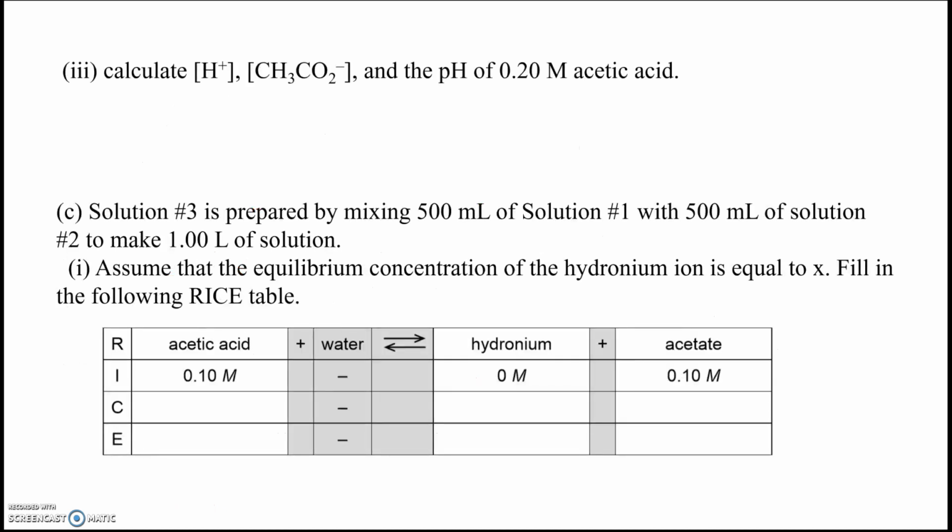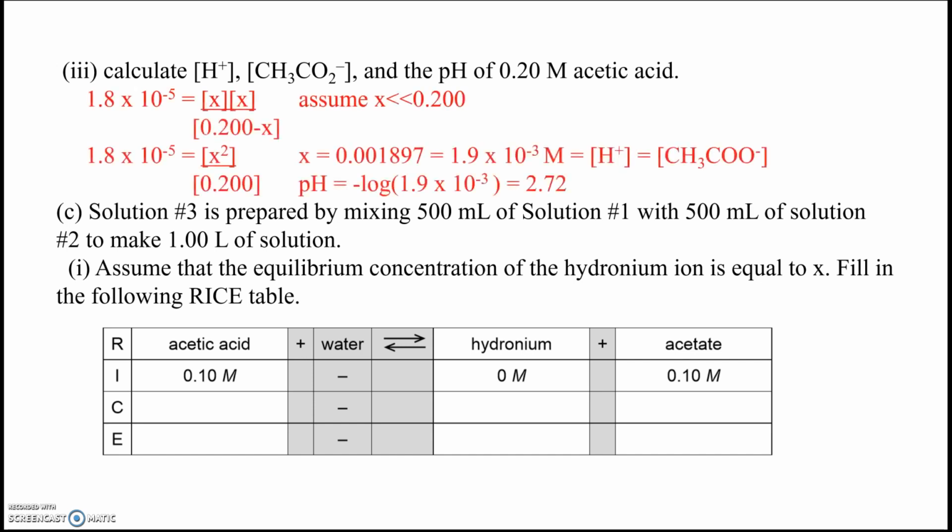All right, now, the third part here is we need to calculate the hydronium ion concentration, the acetate ion concentration, and the pH of this 0.2 molar acetic acid. We set up our equilibrium conditions. We let X equal the unknown amount of hydronium ion and acetate.